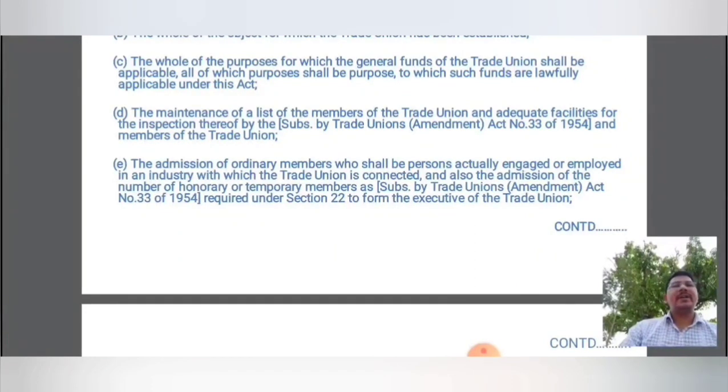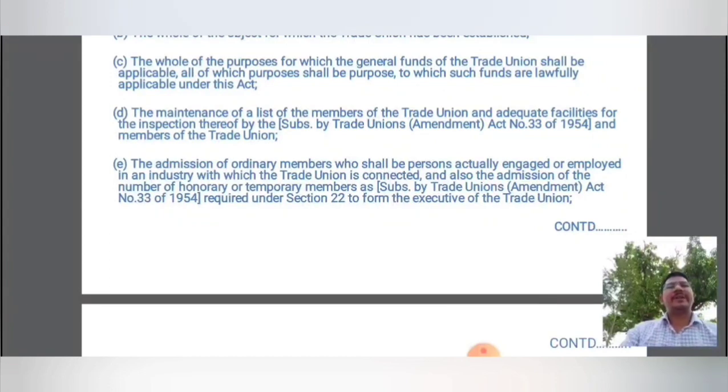The maintenance of a list of members of the trade union and adequate facility for the inspection thereof by the members, and the admission of ordinary members who shall be persons actually engaged or employed in an industry with which the trade union is connected, and also admission of honorary or temporary members as Act number 33 requires, in terms of section number 22, to form the executive of the trade union.